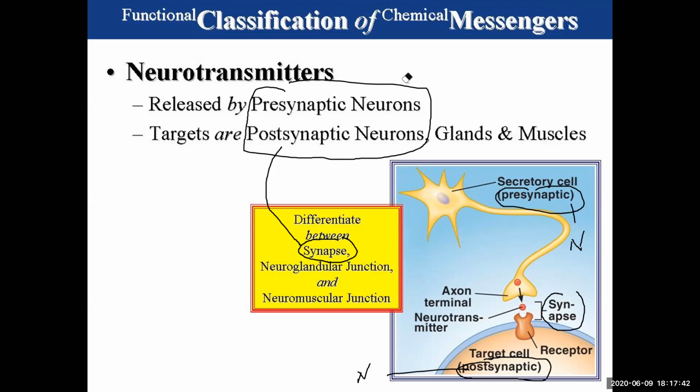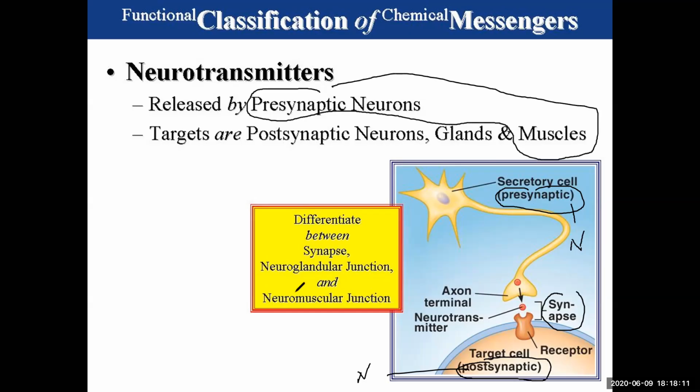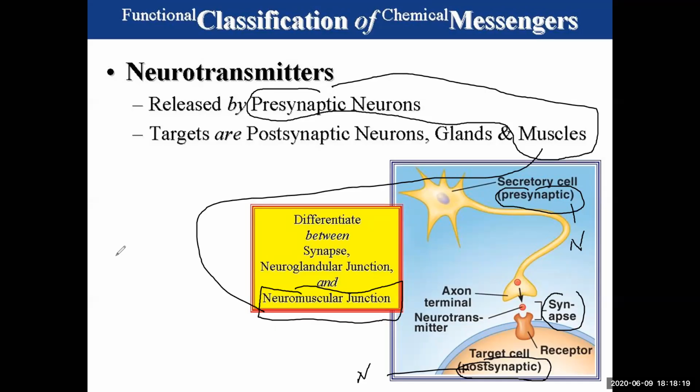So to be clear again, if you have a presynaptic neuron and a gland, then it's a neuroglandular junction. If you have interaction between the presynaptic neuron and a skeletal muscle, then we have a neuromuscular junction.